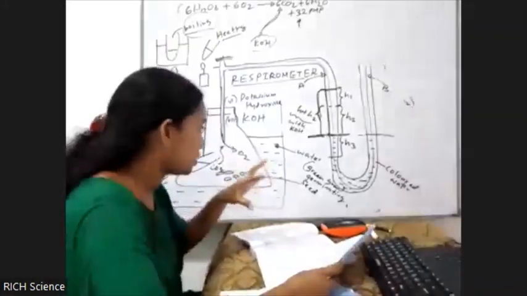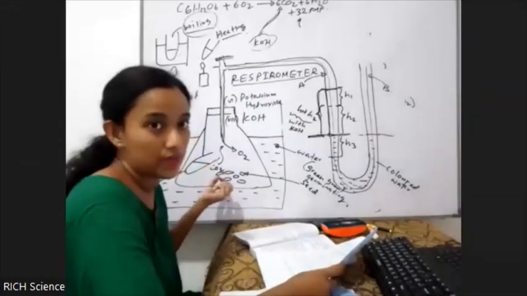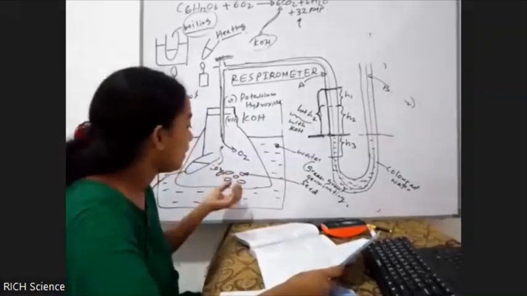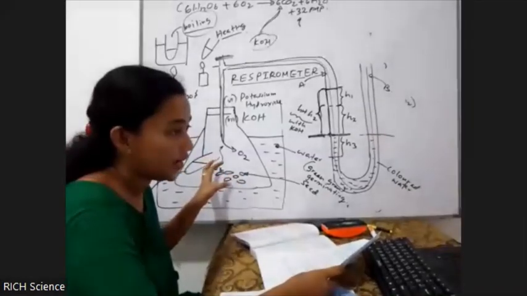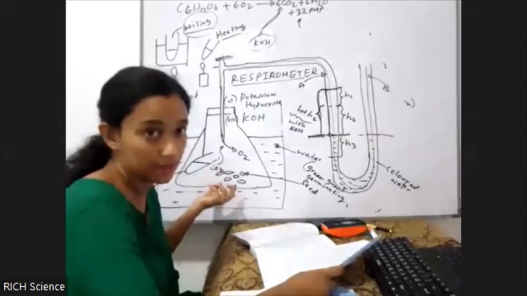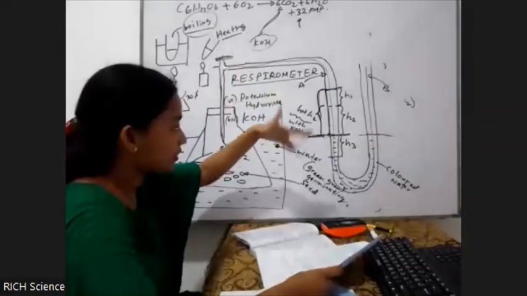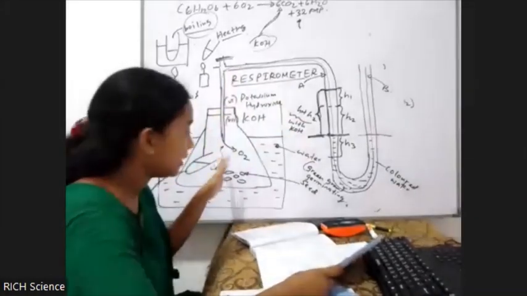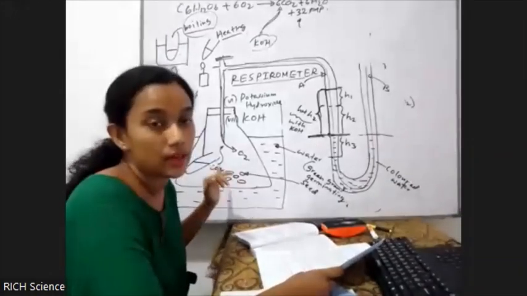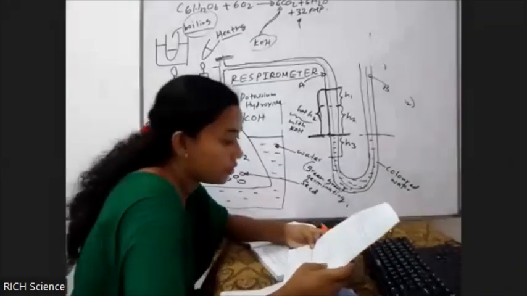In these two practicals, the same mass of seeds should be given. Otherwise an error can occur. Make sure to take the same amount of mass. So we have to use a balance.